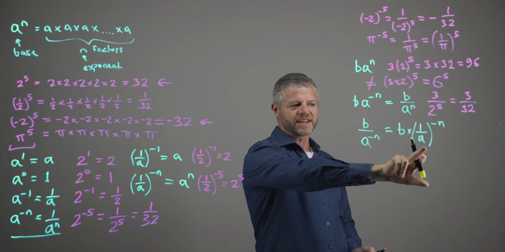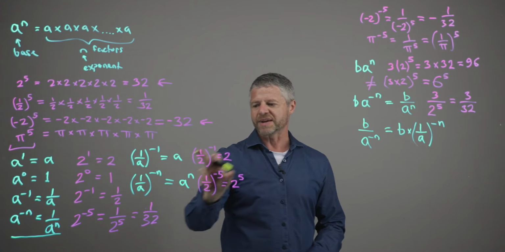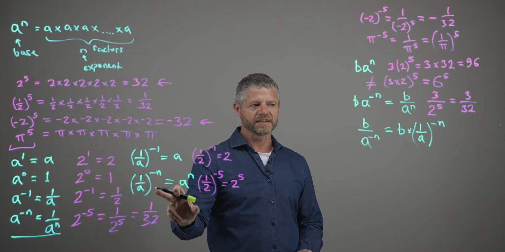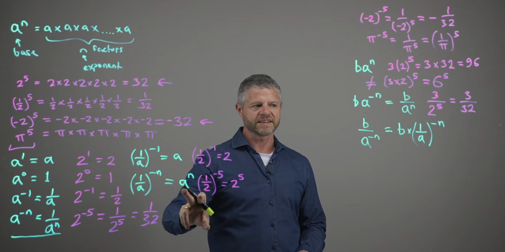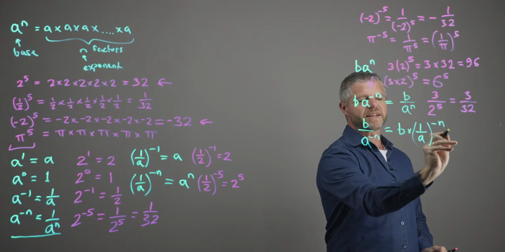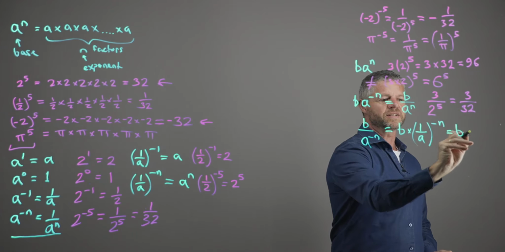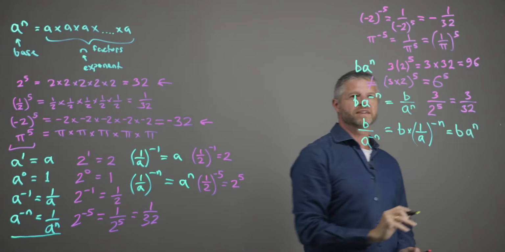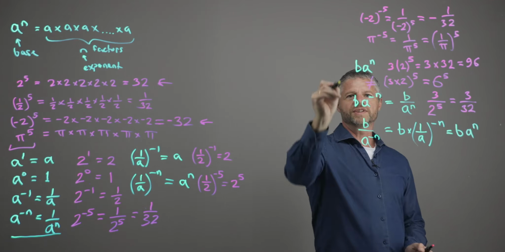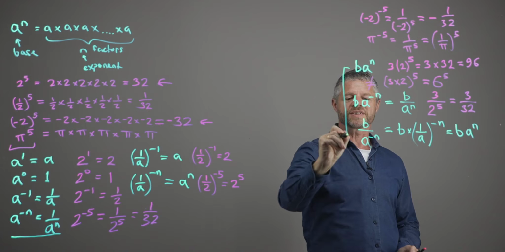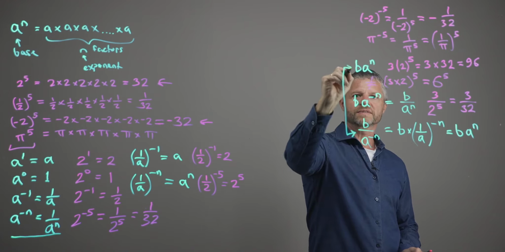And the reason I've written it like this is that I can match it up with something we did earlier. We've got 1 over a to the minus n is the same as a to the n. So this is actually the same as b times a to the n. And so these two expressions are equivalent.